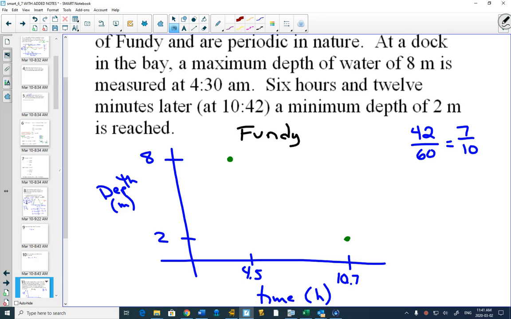If it's periodic in nature, then does it make sense that another period of time later, we're going to get our maximum? When will this happen? When is it going to be back to the maximum?